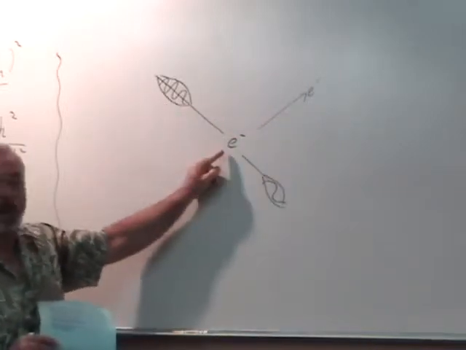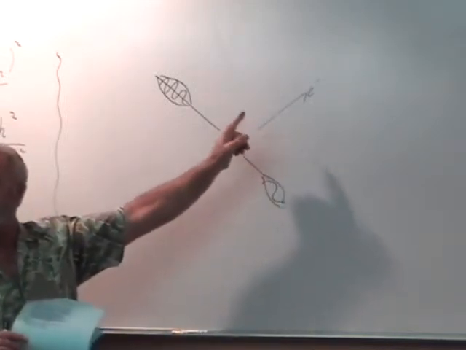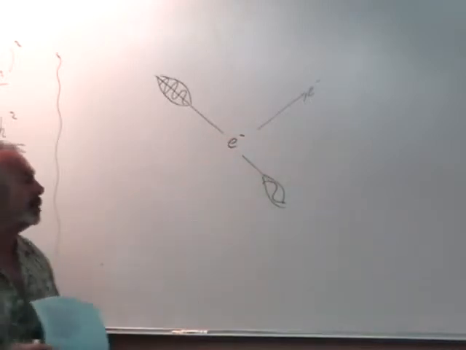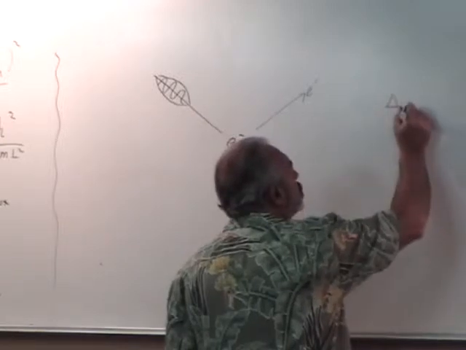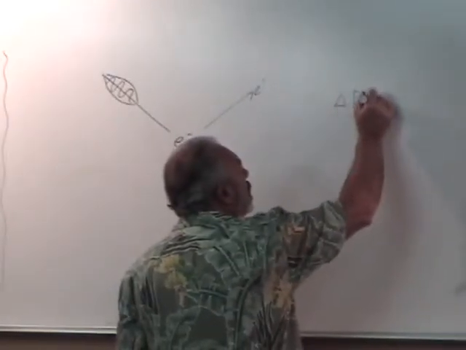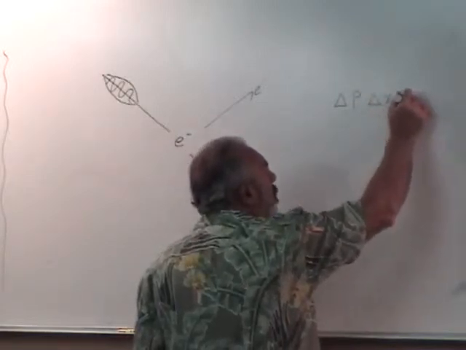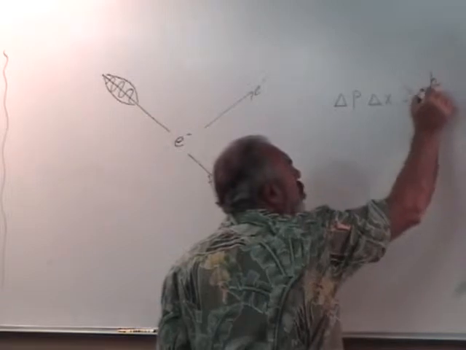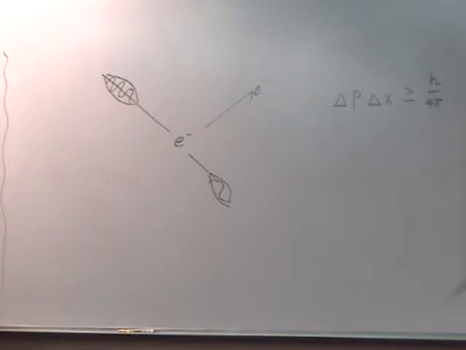The shorter the wavelength, the more precisely you know the position of the electron initially, but the less precisely you know the scattering effect on the electron. So his result was, there's a certain uncertainty in the momentum of an electron, a certain uncertainty in the position, and the product is always greater than or equal to h over 4 pi. He was able to show that that is the absolute limit that you'll ever get for knowing the position and the momentum of a particle.